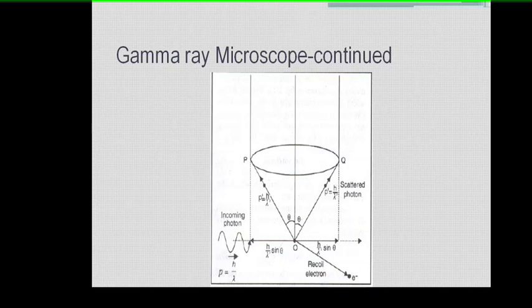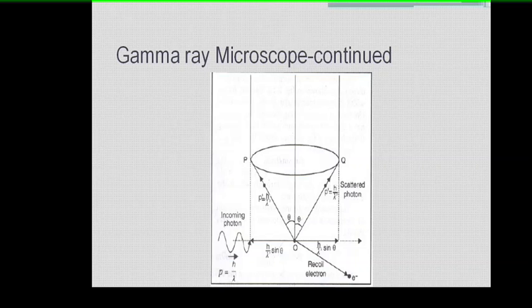Let nu be the frequency and lambda be the wavelength of the incident gamma ray. Then the momentum of an incident gamma ray photon in the x direction will be P equals h by lambda.